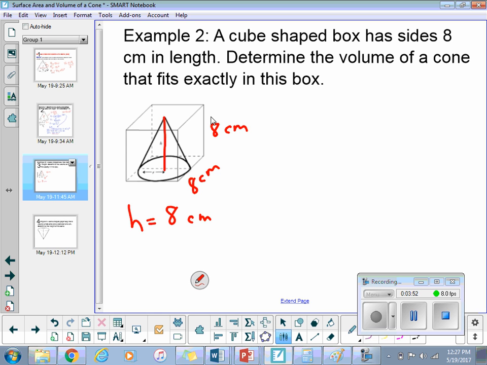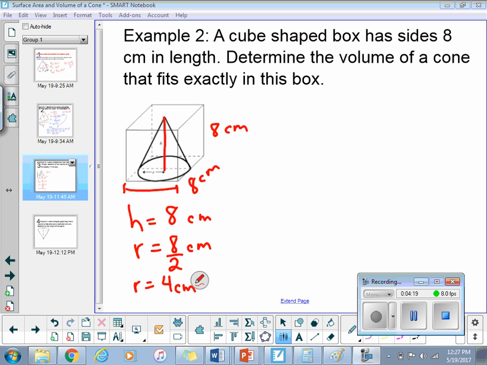Given that this is a perfect fit, h of the cone is going to be 8 centimeters. And then what about its radius? Well, if you're also told that your cube is 8 centimeters this way, and your cone is fitting perfectly inside, your radius must be half of the 8 centimeters. So your radius must be 4 centimeters.